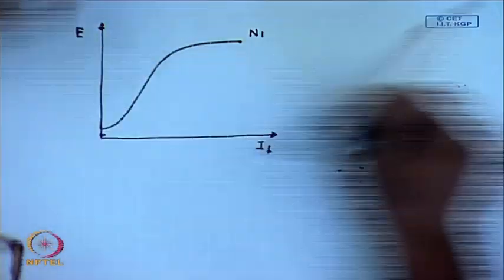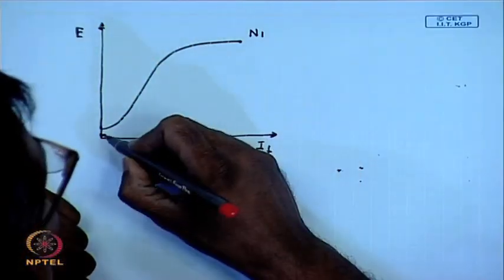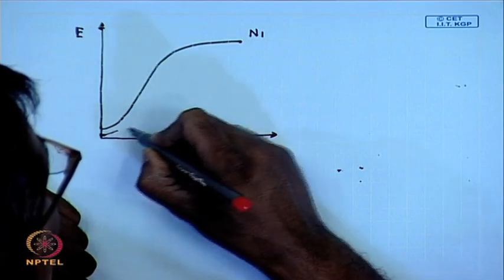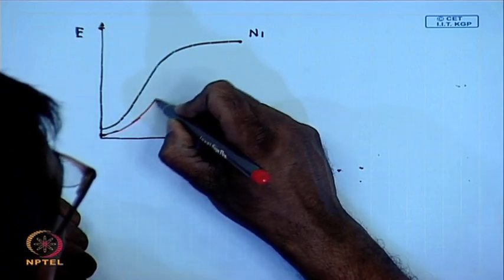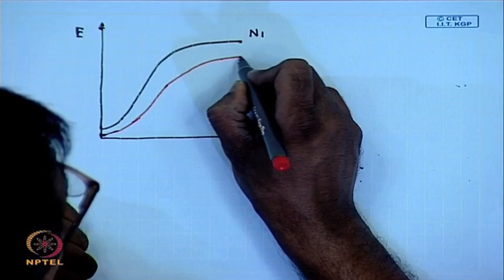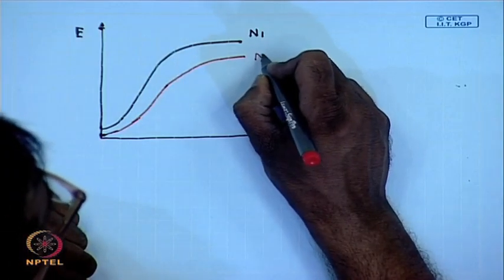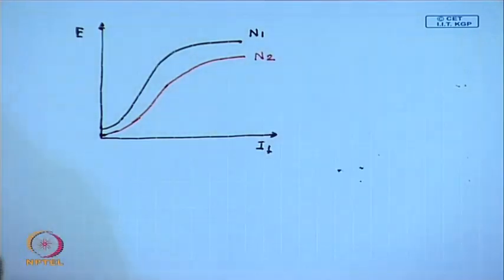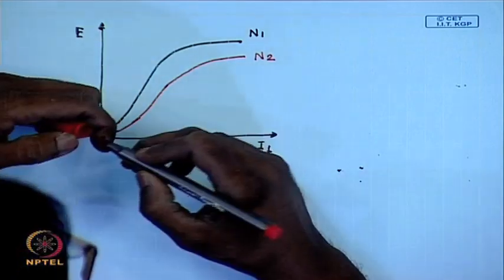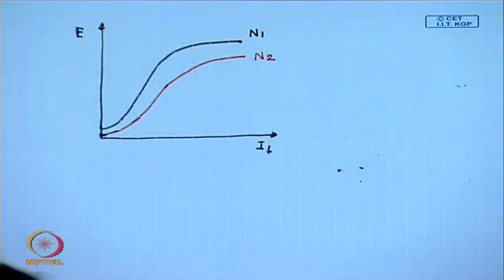So, let us say this is the load line, and this is the OCC corresponding to N2.